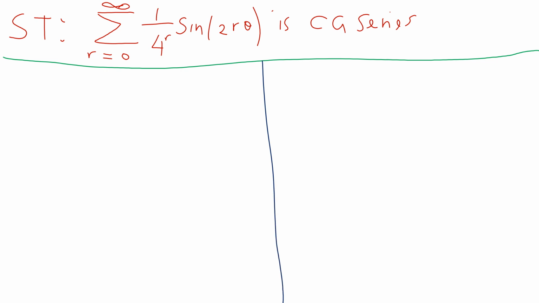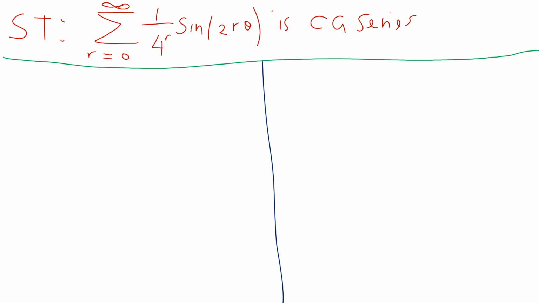Voila. So first of all, I would like you guys to look at this. To show that this is a convergent geometric series, I need to show that the sequence involved is a convergent geometric sequence. That's all. If I'm able to show that, then I have proven that this is a convergent geometric series.